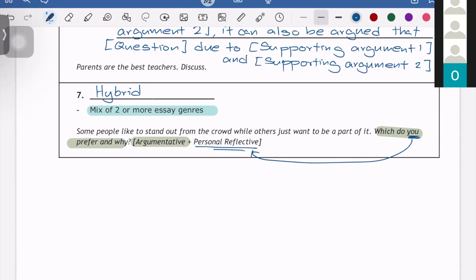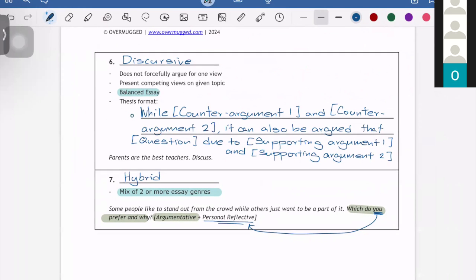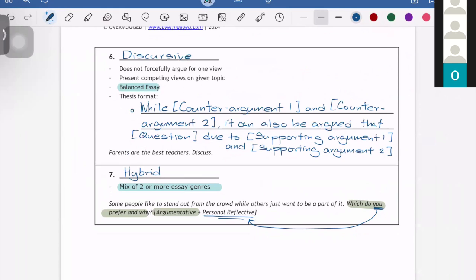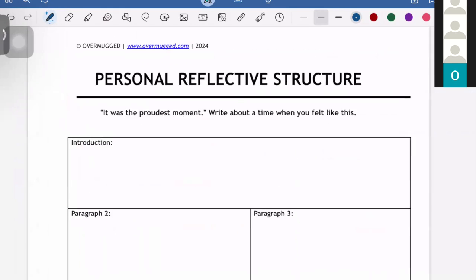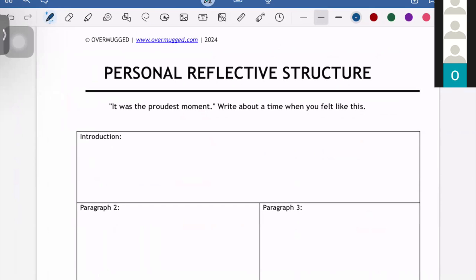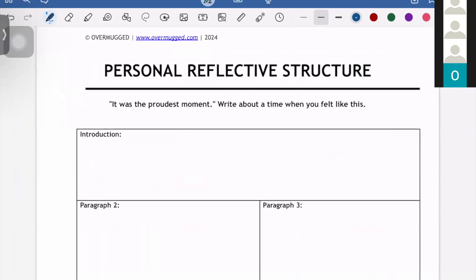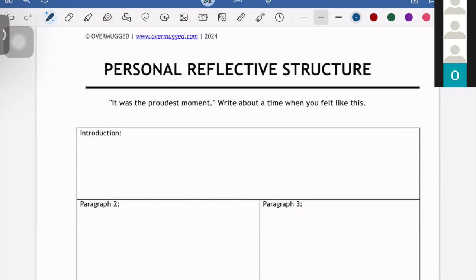Now I'm going to go through the structures for each of the essay. Personal reflective structure, you have your introduction.